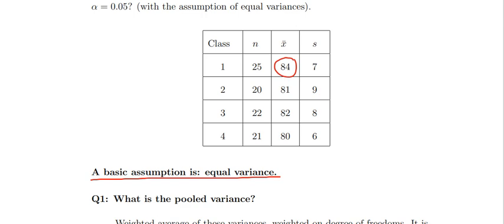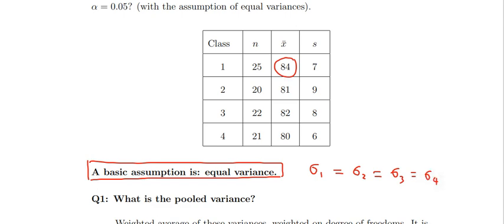So for comparing many samples, we always assume equal variance. Like, sigma 1 from class 1. If we compare 4, we assume sigma 1 equals sigma 2 equals sigma 3 equals sigma 4 equals sigma.